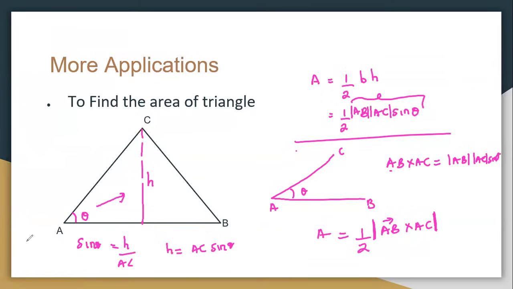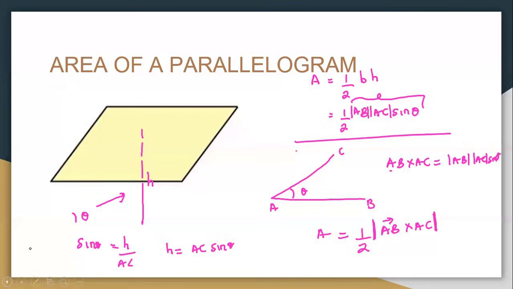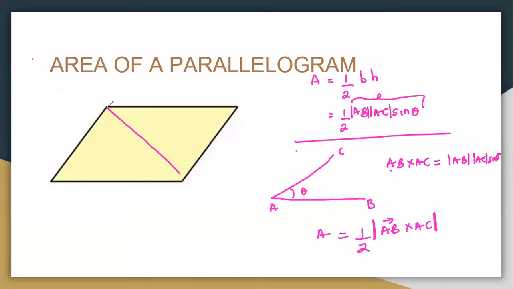Hope that is okay. The other approach someone could use, in case I don't use this approach, is to say that a parallelogram is made of two triangles. Those who know it know that a parallelogram is always split in half. When I divide like this, this is half, this is half, and this is now a triangle.